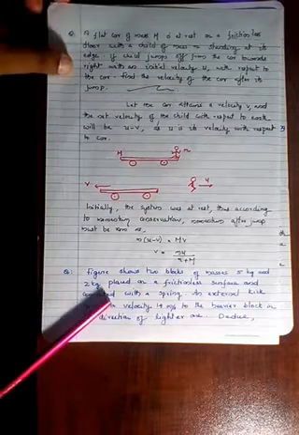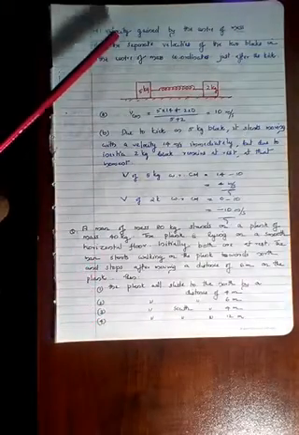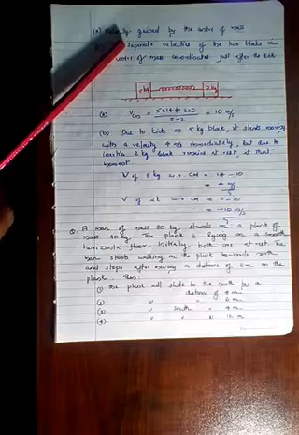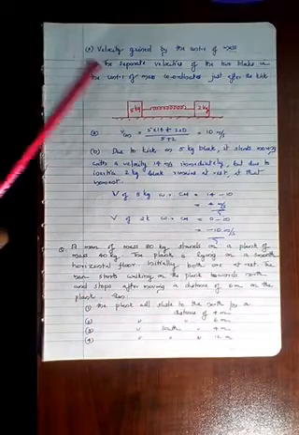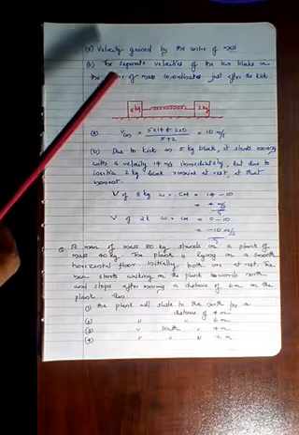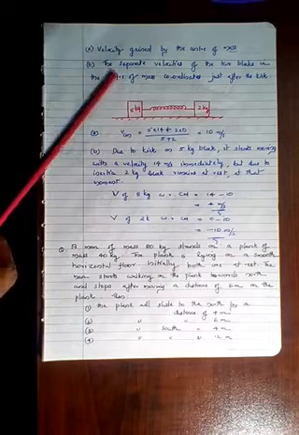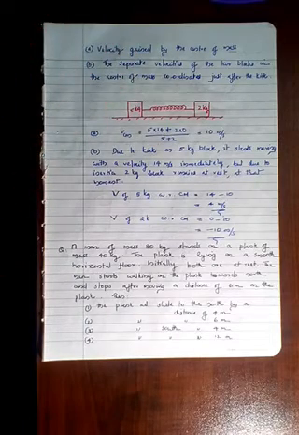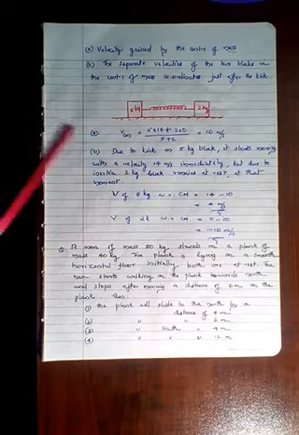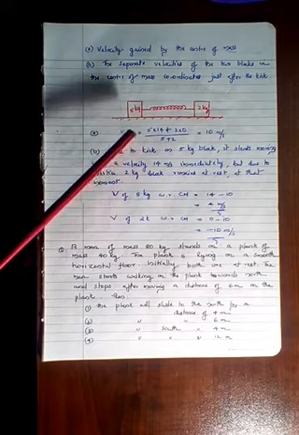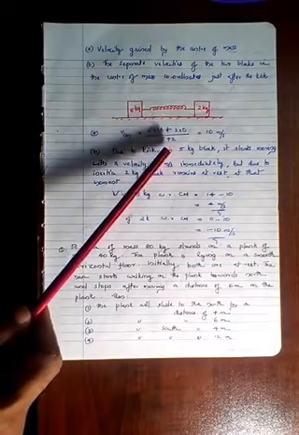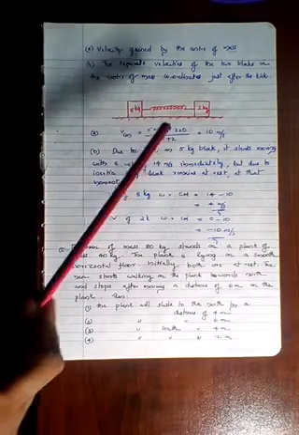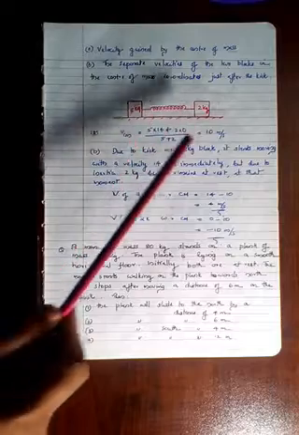Then deduce, we have to answer two questions: the velocity gained by the center of mass, and the separate values of the velocities of the two blocks in the center of mass coordinates just after the kick. So the velocity of the center of mass is m1 v1 plus m2 v2 by m1 plus m2. Here one object is at rest, so you get the answer.